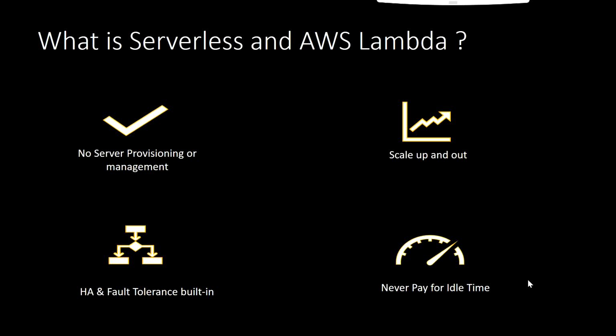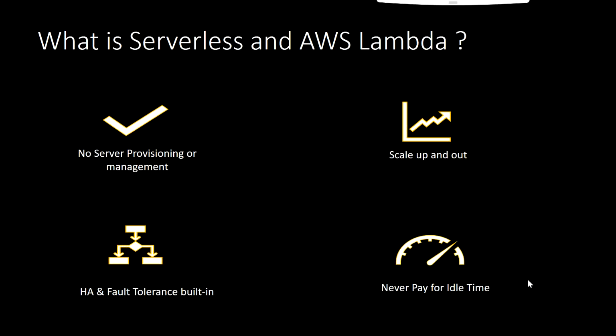You need to only concentrate on the business logic and developing your application. You need not worry about the operating systems, scaling, patching, and any other activity related to server management.